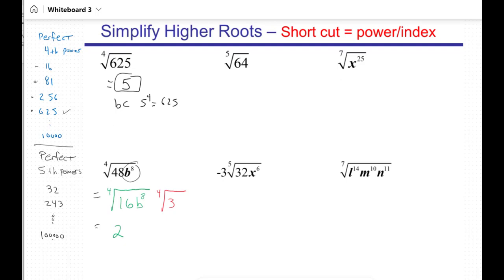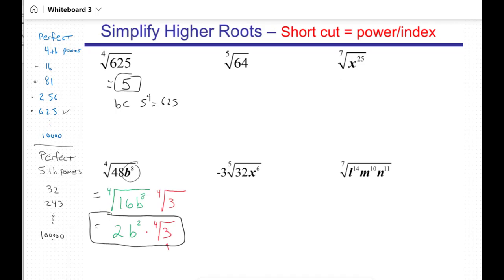We divide the exponents. So 8 divided by 4 gives b squared. That has a nice, simple answer. Now, we're multiplying this by the fourth root of 3. This radical is stuck. I can't do anything with that. We're just going to have to leave it. So that is our final answer. We just simplified a fourth root problem.